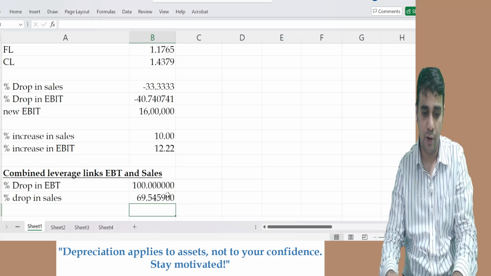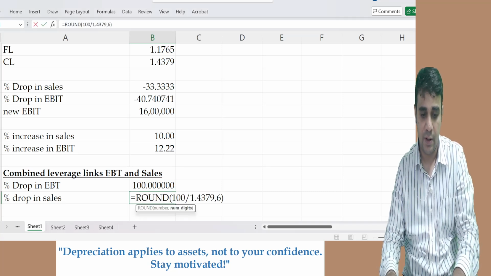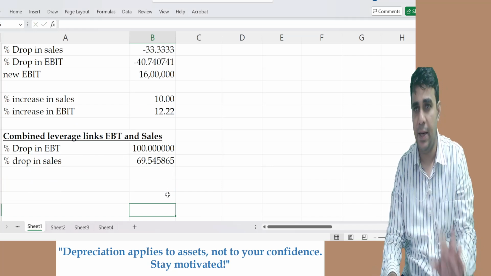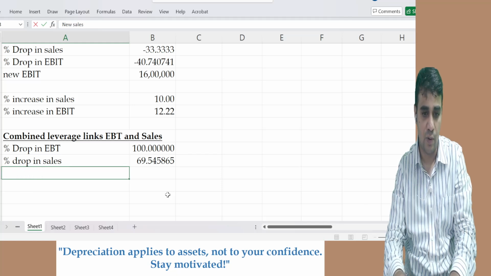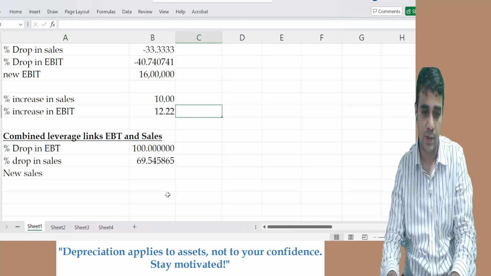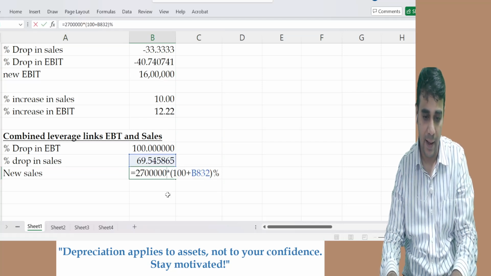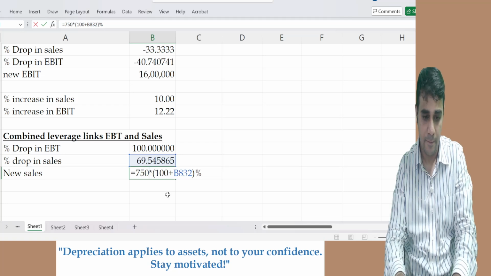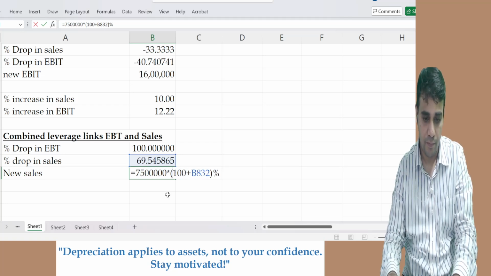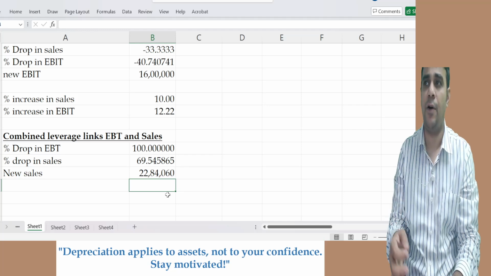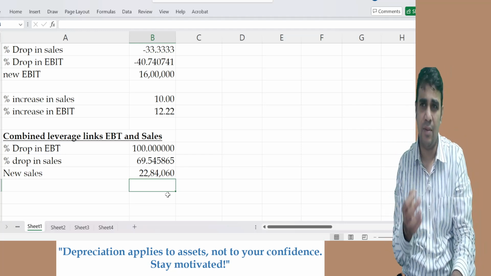So sales will drop by some 69.545865 percentage, and EBT will become 0. New sales is equal to, earlier the sales was, what are the original sales? 75 lakh. So 22 lakh 84,060. If I want the exact number, I have to do the statement and check, but broadly 22,84,060.